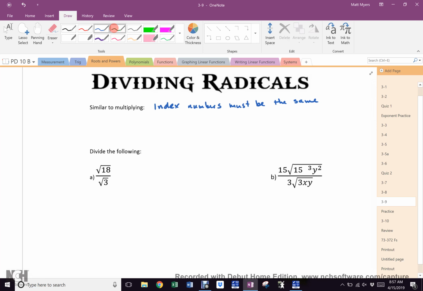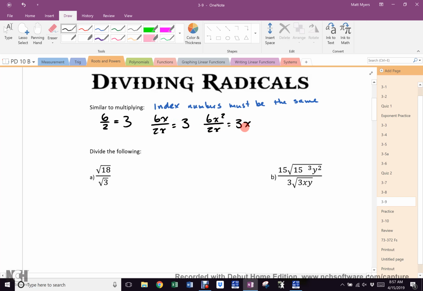Okay? So if I gave you this, what's the answer? 3, right? 6 divided by 2 is 3. So if I gave you this, 6x over 2x, what would the answer be? 3 again. If I gave you this, 6x squared over 2x, what would the answer be?